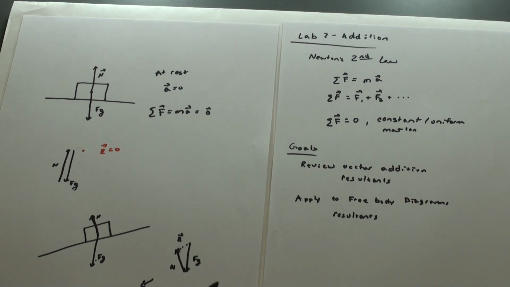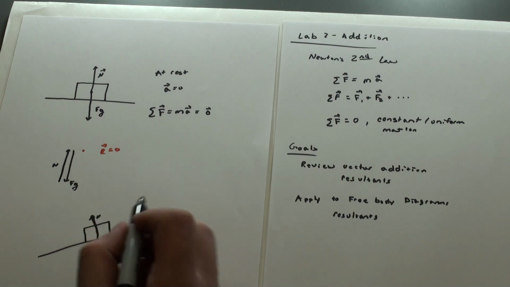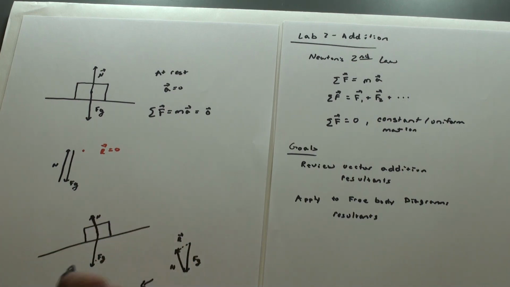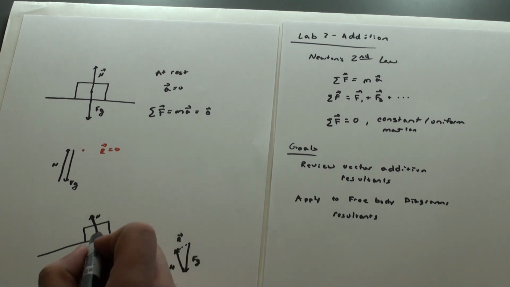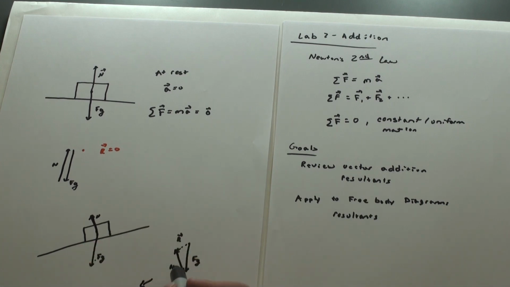Now, what about the situation where we include friction? If friction's involved and we don't necessarily know how long it is, we can use the resultant to help us figure out what we need to include in our free body diagram in order for R to be 0.